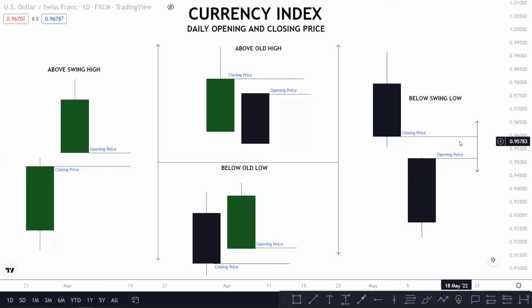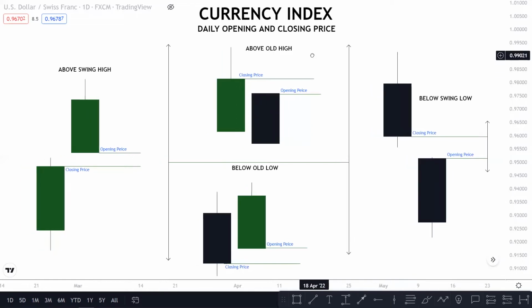Closing price, opening price. We are bearish here. On my right hand side, we are bearish. On my left hand side, we are bullish. In between here, I want to see this area balanced before we do what? Before we push price lower and lower and lower.